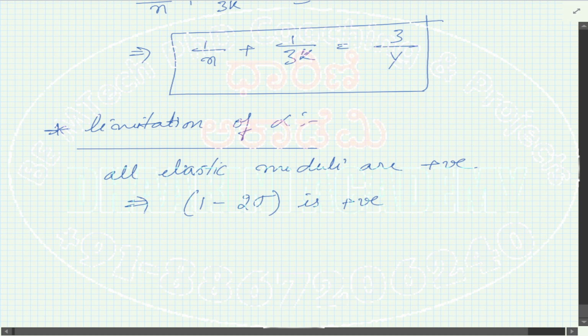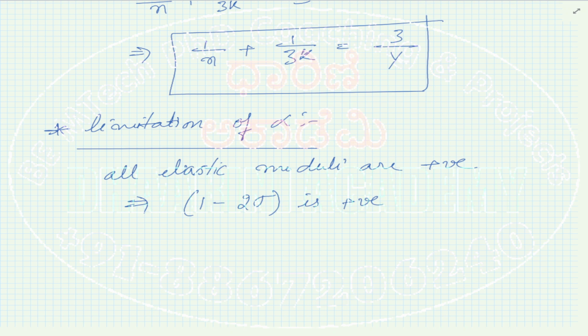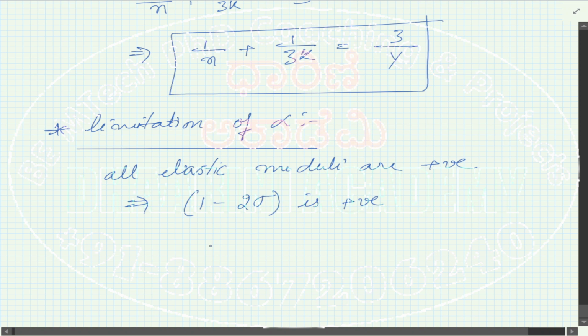Okay, so 1 minus 2 sigma is positive in the sense that 2 sigma should be less than 1.